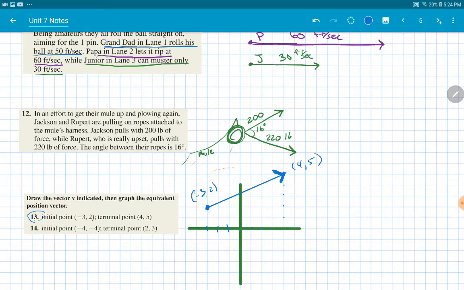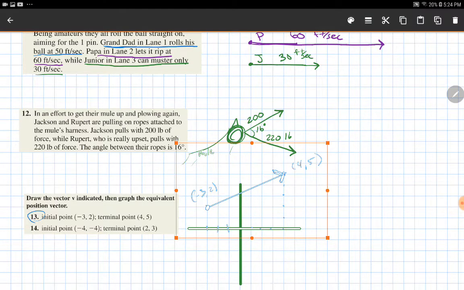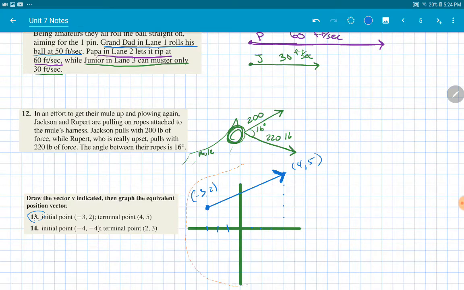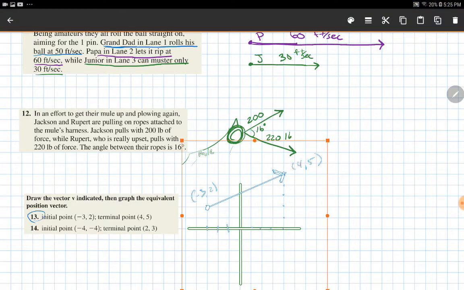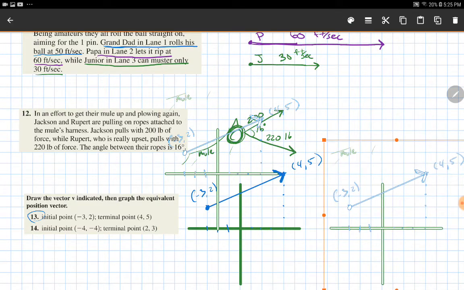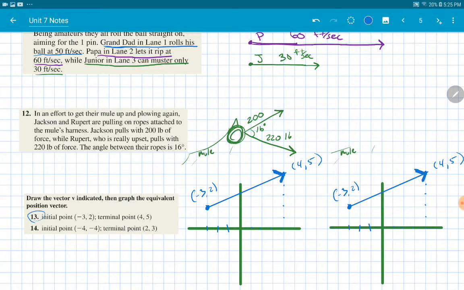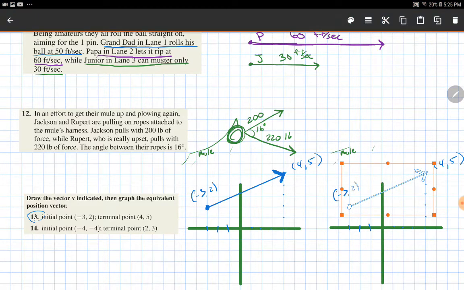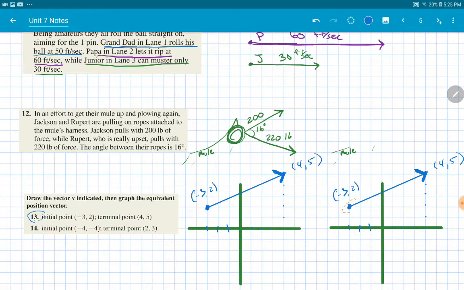I'm going to duplicate this so I can show you what the position vector looks like. To find the position vector, it takes this same line and just looks at the vertical change and the horizontal change. I'm having a hard time getting just this line, not the two.